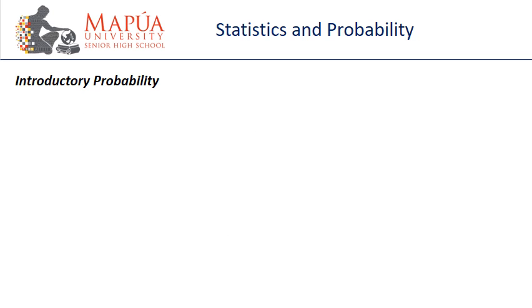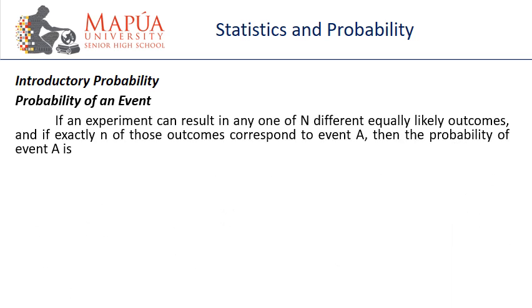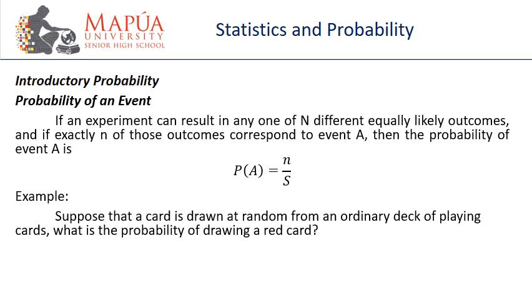We are now moving on to the concept of the probability of an event. If an experiment can result in any of N different equally likely outcomes, and if exactly n of those outcomes correspond to event A, then the probability of event A is n over N. For example, suppose that a card is drawn at random from an ordinary deck of playing cards. What is the probability of drawing a red card?